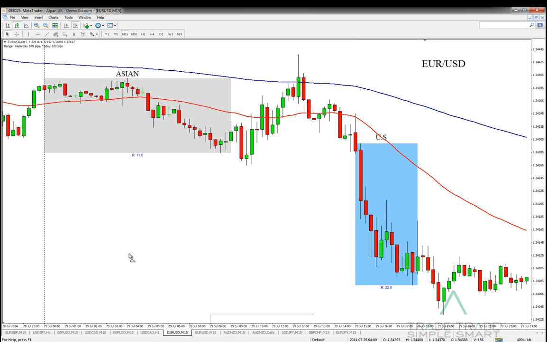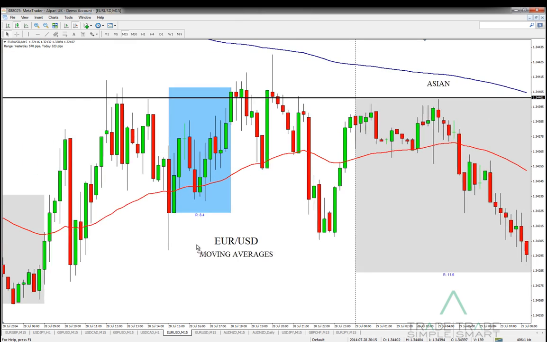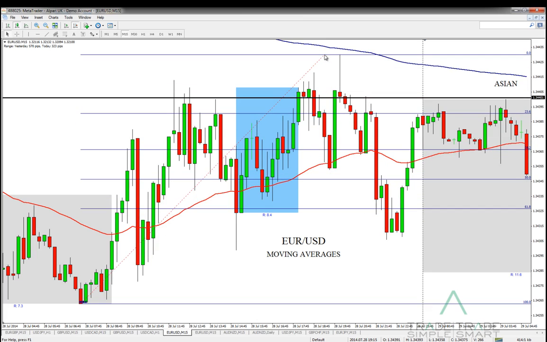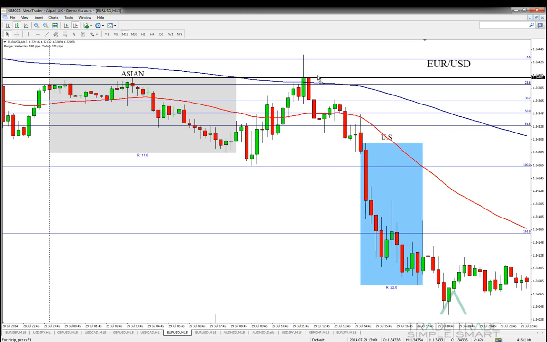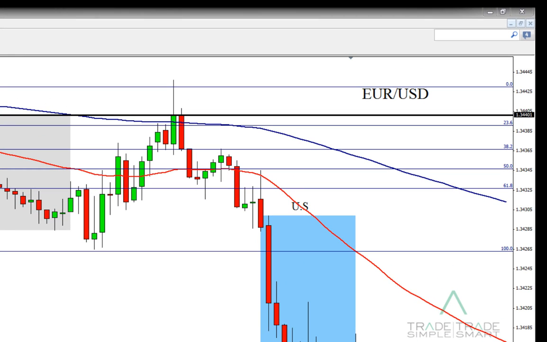So in terms of aligning with other technical levels, if we mark out the high of the current day session, and then add our Fibonacci ratios to the low and the high of the previous day session, we can see that we have three levels come together within a relatively narrow range.